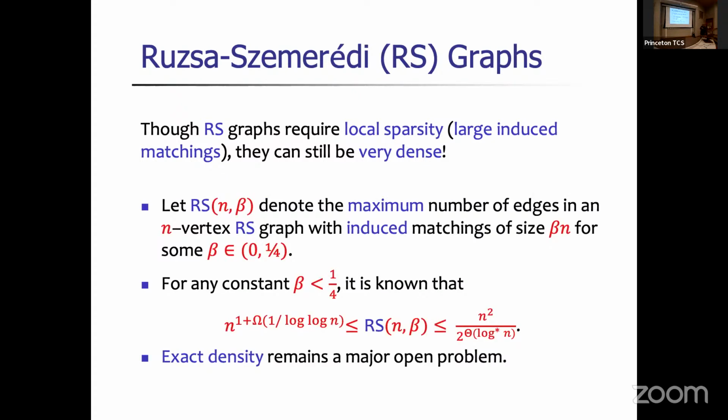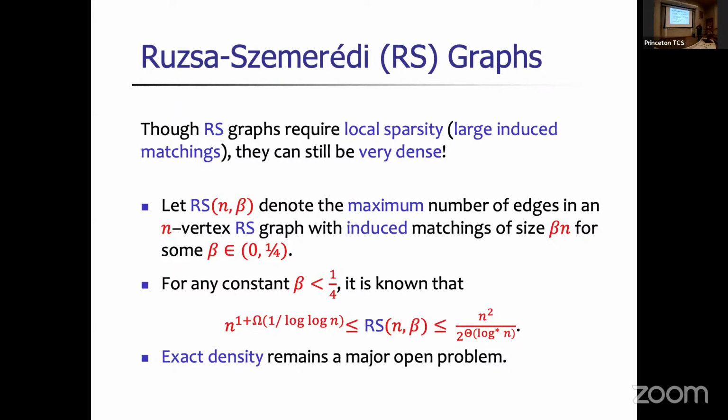So here is what we currently know about these graphs in the setting of very large matchings. Let me denote by RS(n, beta) the maximum number of edges you can have in an n-vertex RS graph with induced matchings of size beta n, where beta, think of it for now, as maybe just a constant between 0 and 1. What we know is that the number of edges in such graphs is sandwiched somewhere between n^(1+1/log log n) roughly, and n^2 over 2^(Theta(log* n)).